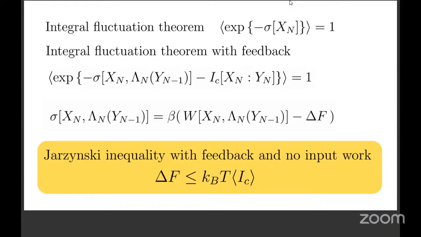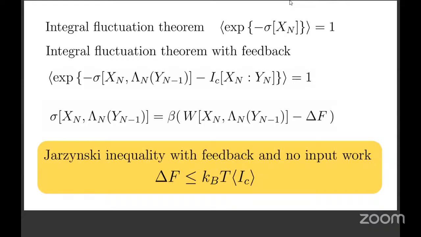But we have to include the effect of the feedback that I am doing in my system. And we can derive, I will not go into the details of this, but we can generalize that expression to this one, where the mutual information appears.